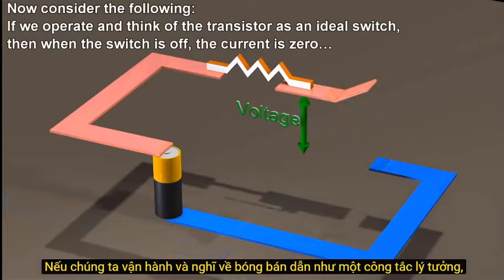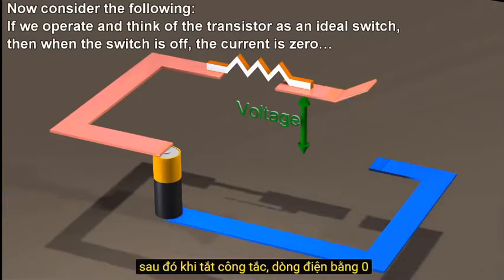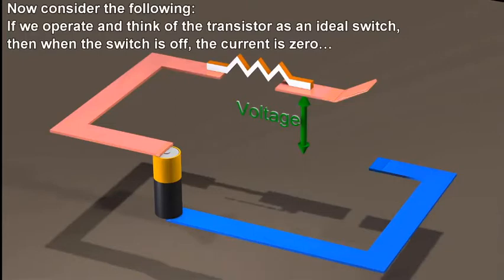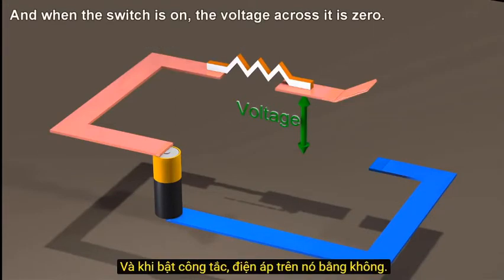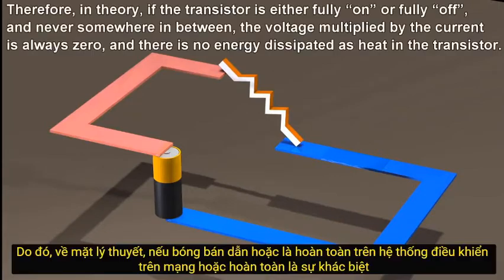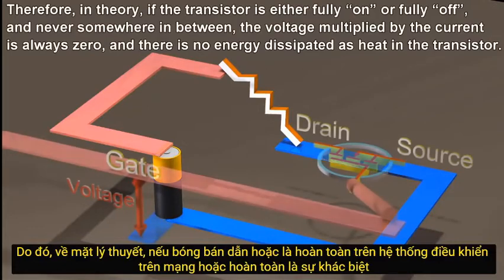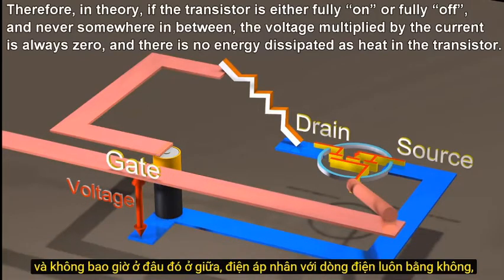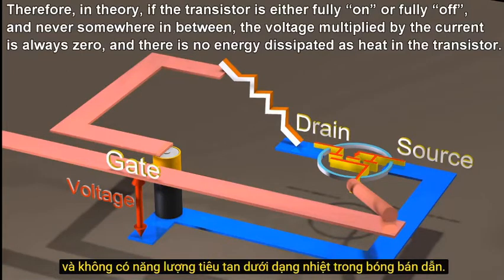If we think of the transistor as an ideal switch, then when the switch is off, the current is 0. And when the switch is on, the voltage across it is 0. Therefore, in theory, if the transistor is either fully on or fully off, and never somewhere in between, the voltage multiplied by the current is always 0, and there is no energy dissipated as heat in the transistor.